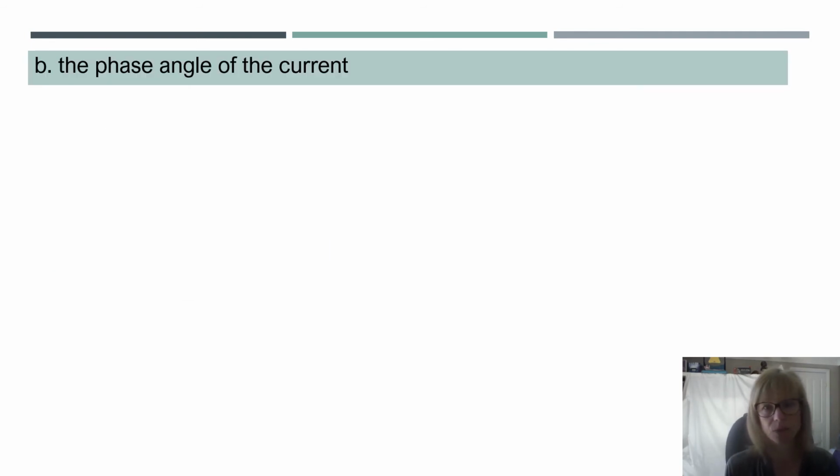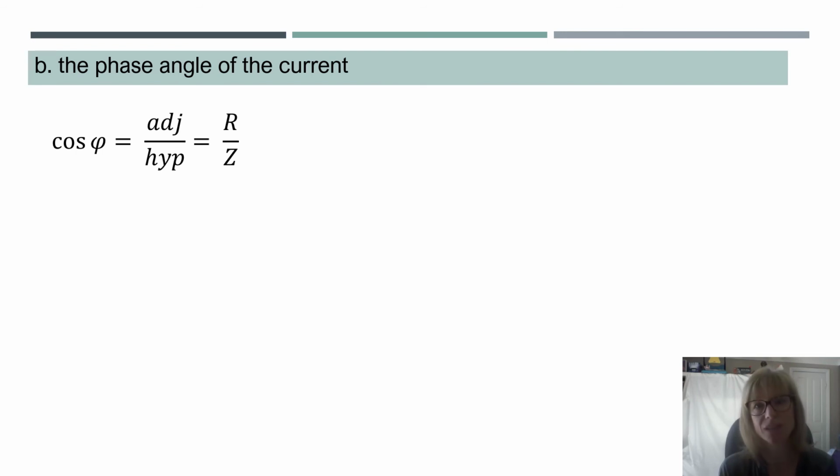Now the second part of the question was asking for the phase angle, okay? That's our letter phi, and here's our equation. Cos phi is our R over Z, resistance over impedance. Impedance was the figure we just calculated, and our resistance, 500 ohms, was in our question.